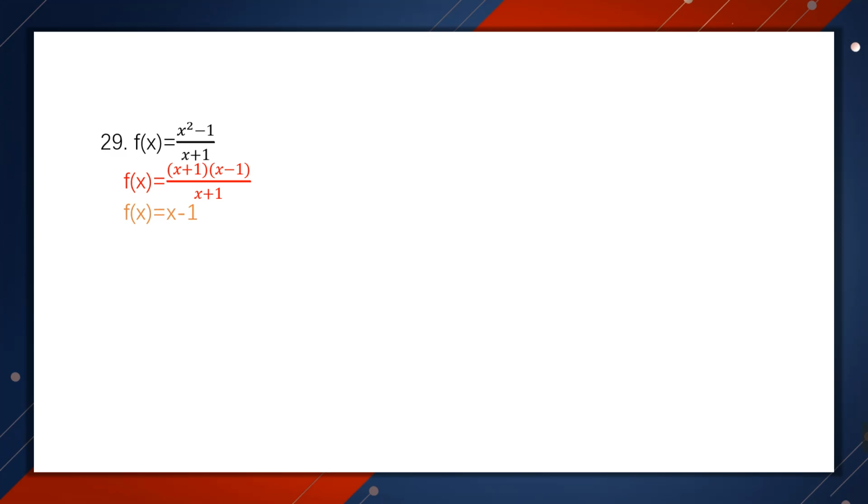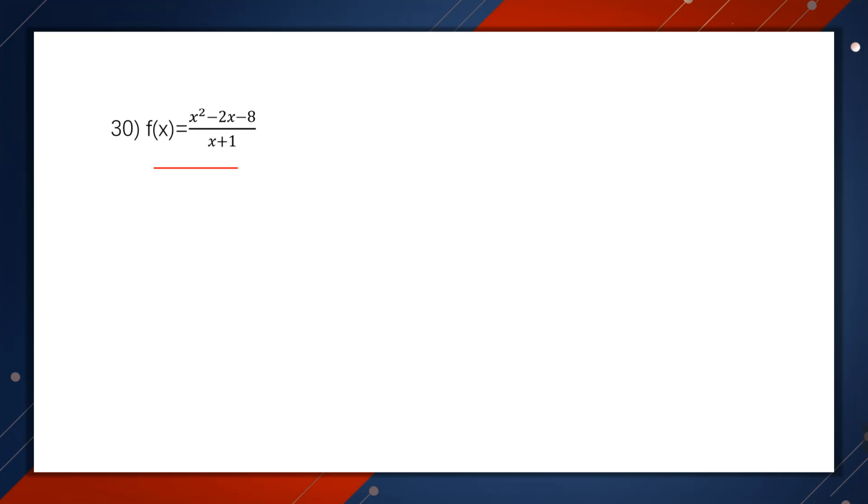So we get f of x equals x minus 1. Because both numerator and denominator have the same factor x plus 1, when x equals negative 1, there is a removable discontinuity.